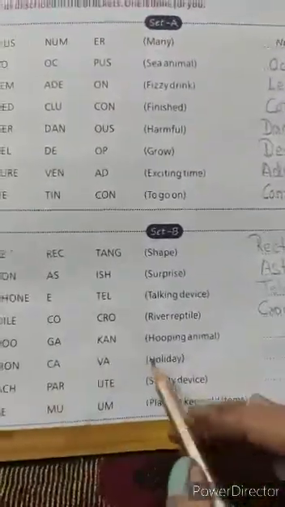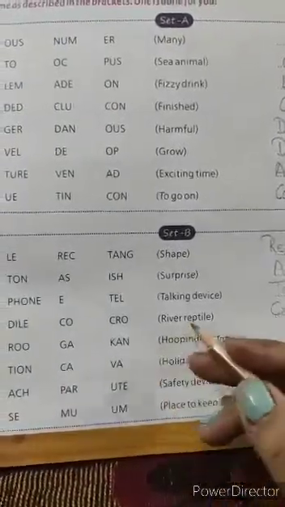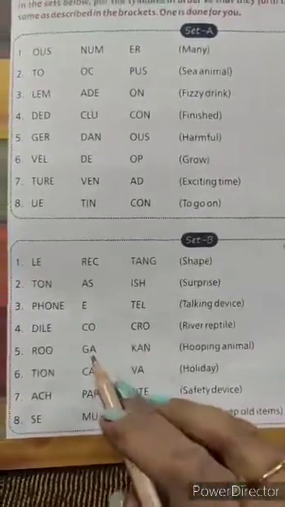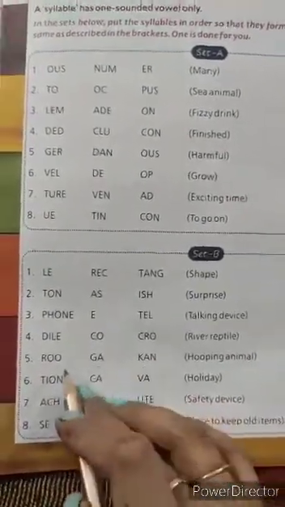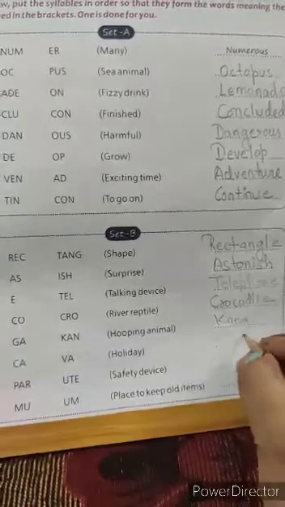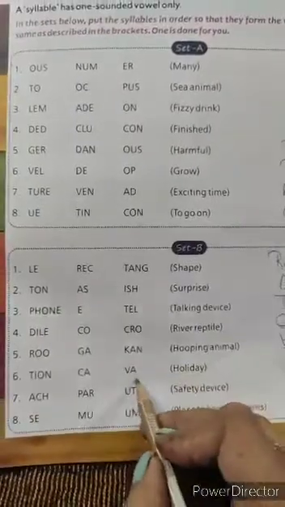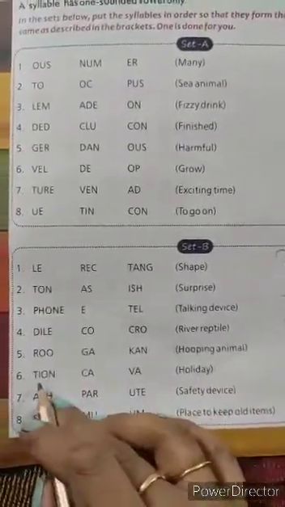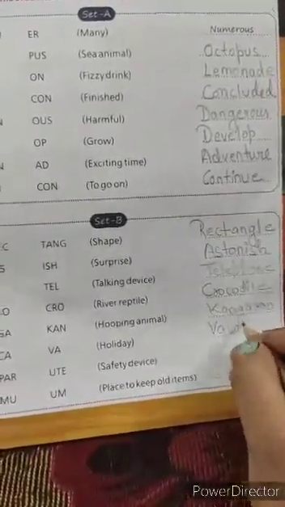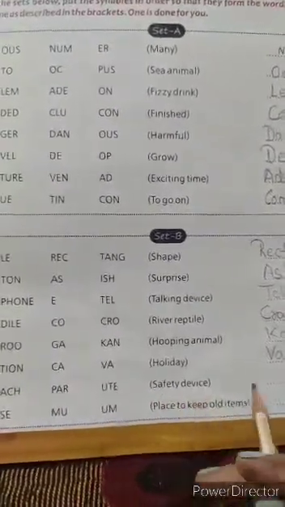Now, hopping animal. An animal which walks or runs by hopping. So, that is kangaroo. Kangaroo. Holiday. Vacation. Okay. Now, safety device.